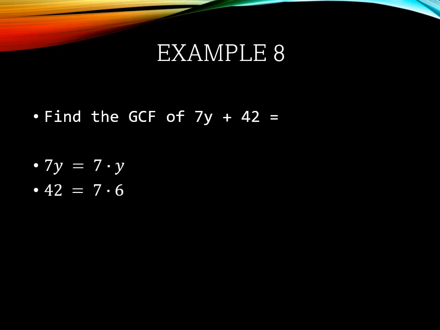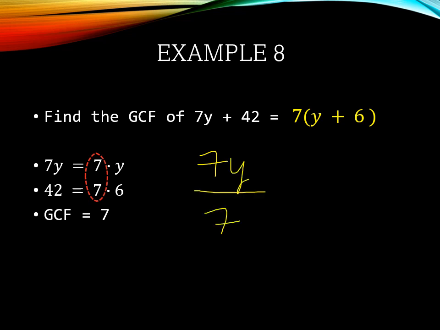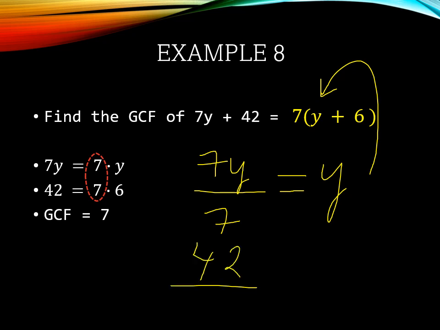So the greatest common factor of these two terms is 7. So we're going to factor out 7, and then 7y divided by 7, the answer is y. And that's where the y came from. Then 42 divided by 7, the answer is 6. And that's where the 6 came from.